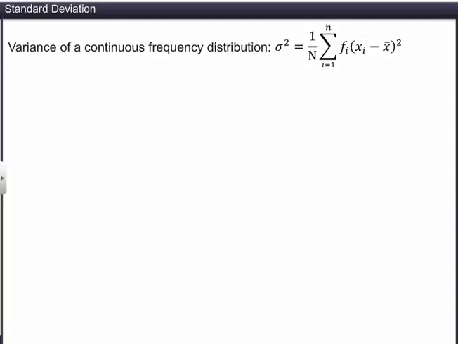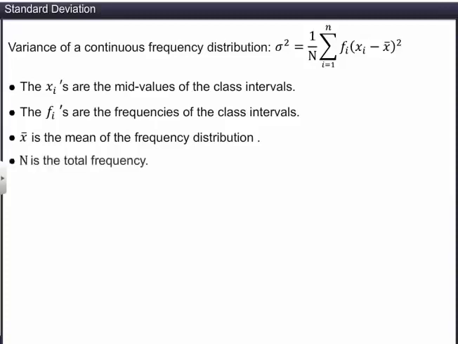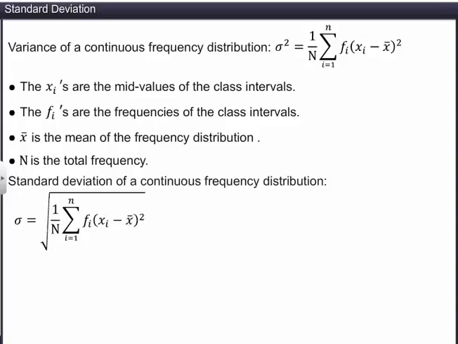Here, the xi's are the mid-values of the class intervals and the fi's are the frequencies of the class intervals. Similarly, x bar is the mean of the frequency distribution and n is the total frequency. Thus, this expression is the formula for the standard deviation of a continuous frequency distribution.